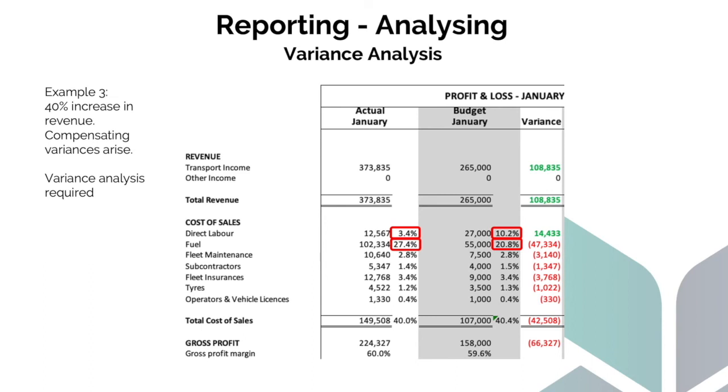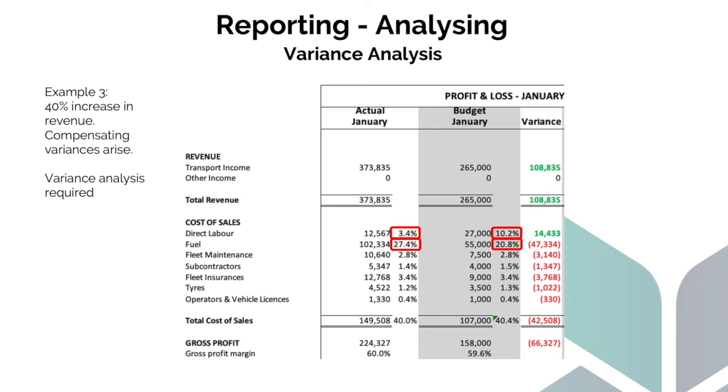We need to find that out because if direct labour returns to budgeted levels next month and fuel stays where it is, this won't be quite such a good news story. We'll be way up on fuel and back in line on direct labour. So analysis is definitely required at this point.